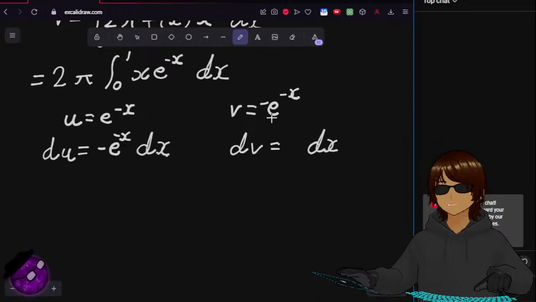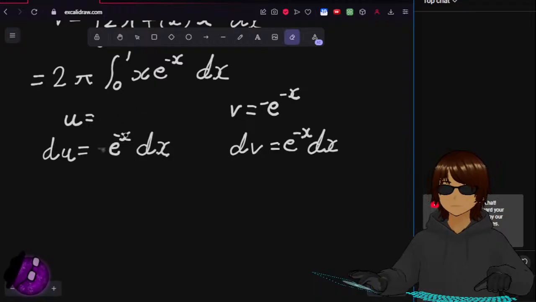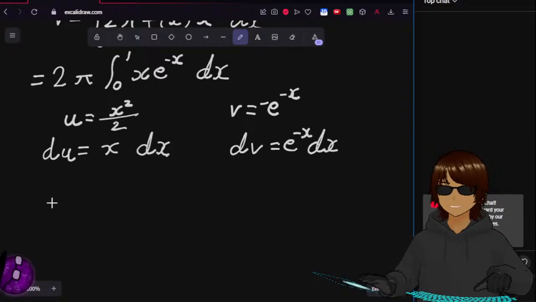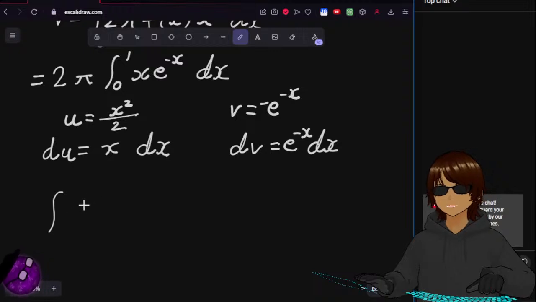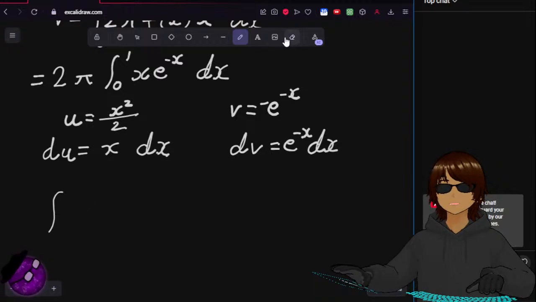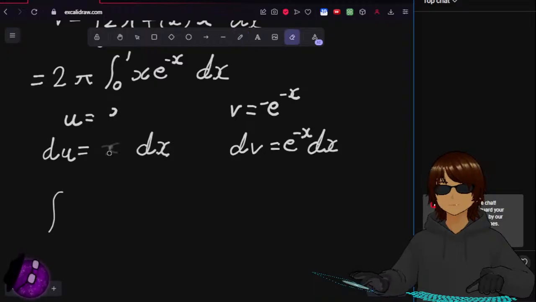If I derivate this, e to the power of minus x stays the same, and then derivative of minus x with respect to x is minus 1, and the minus cancels out. This is x squared over 2, and then derivate this, we get this. So, no, wait. Starts with u dv.